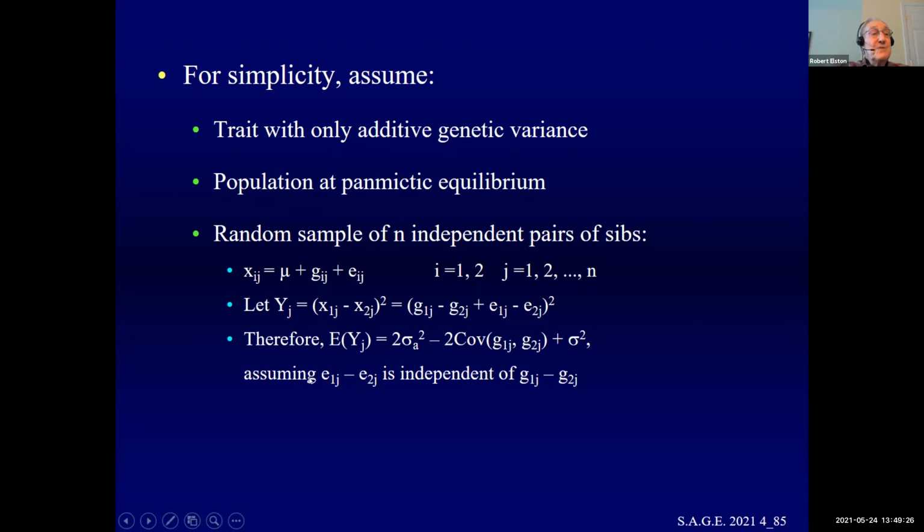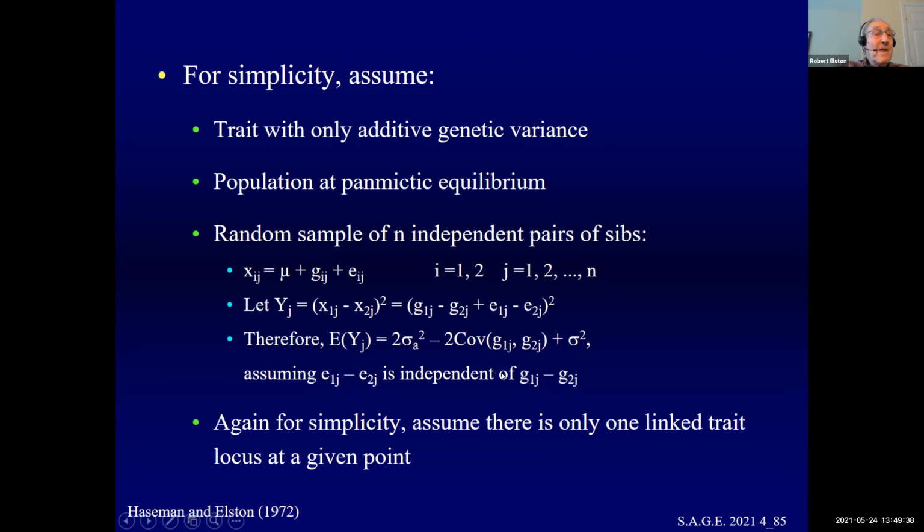Now, this assumes that this difference in environmental effects for a member of the pair is independent of the difference in the genetic effects. That's what we're assuming. Again, for simplicity, assume there's only one linked trait locus at a given point. And what we're doing now is basically going through the Haseman-Elston 1972 paper.